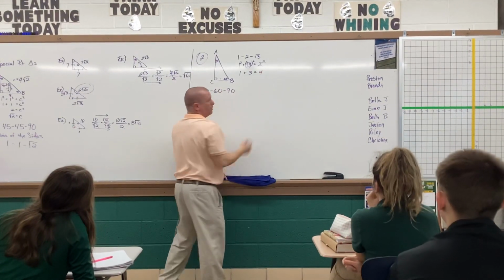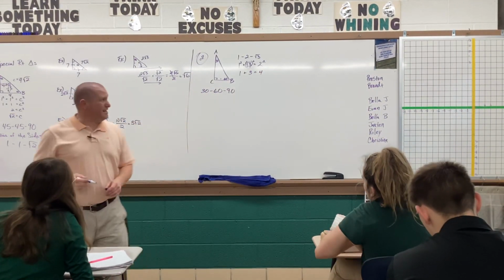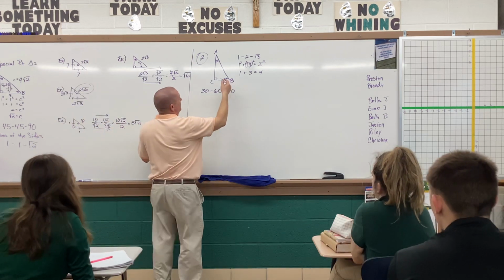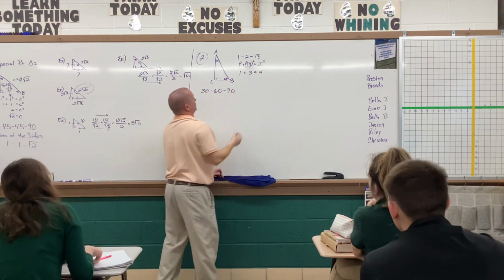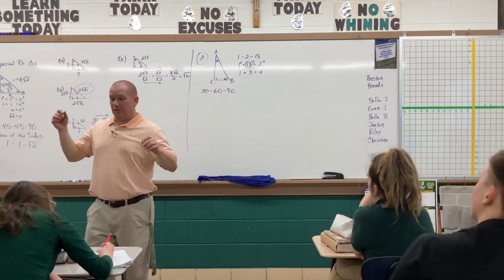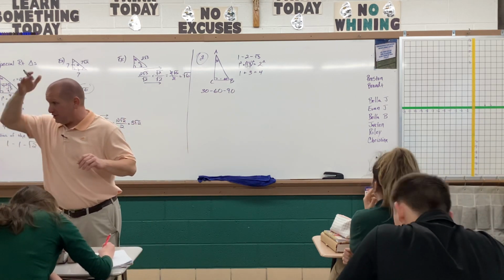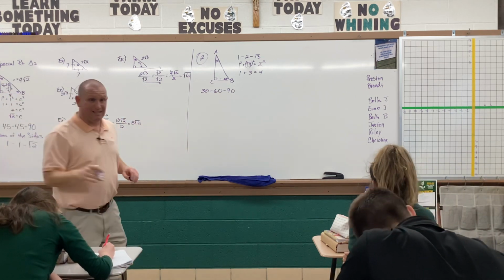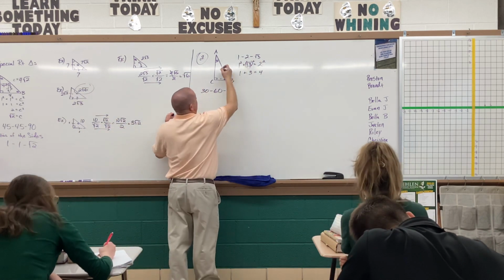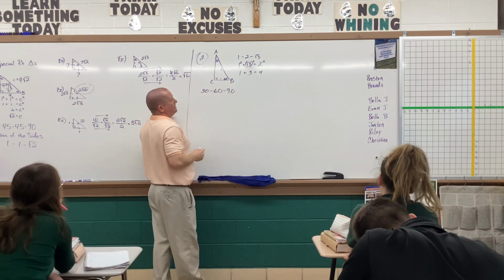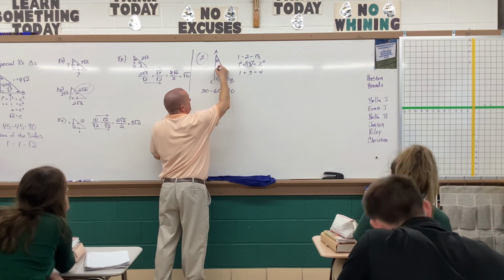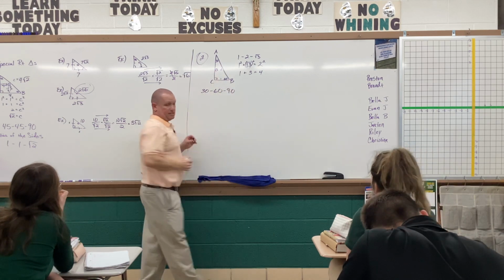Is that equal? Yes. So our ratios of our sides for this are 1, 2, square root of 3. But you always have to realize that the hypotenuse, which is the longest side, has to have the biggest ratio. And the biggest ratio in this case is 2. And so that means the square root of 3 has to go opposite of 60.